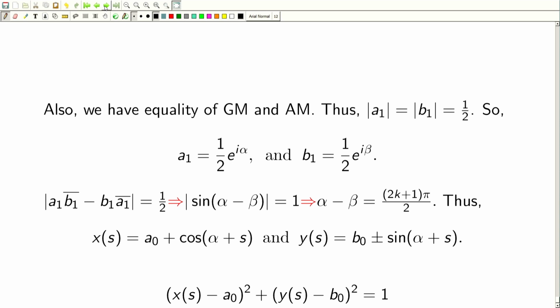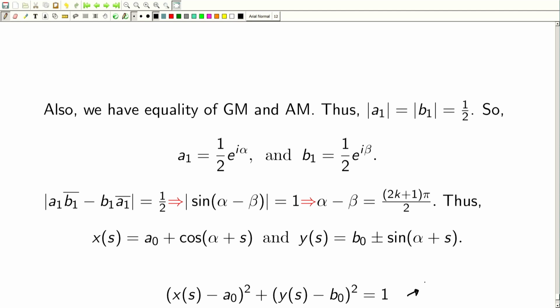Nevertheless, in either case (x minus a_0)^2 plus (y minus b_0)^2 is going to be equal to 1, and that is nothing but a circle.